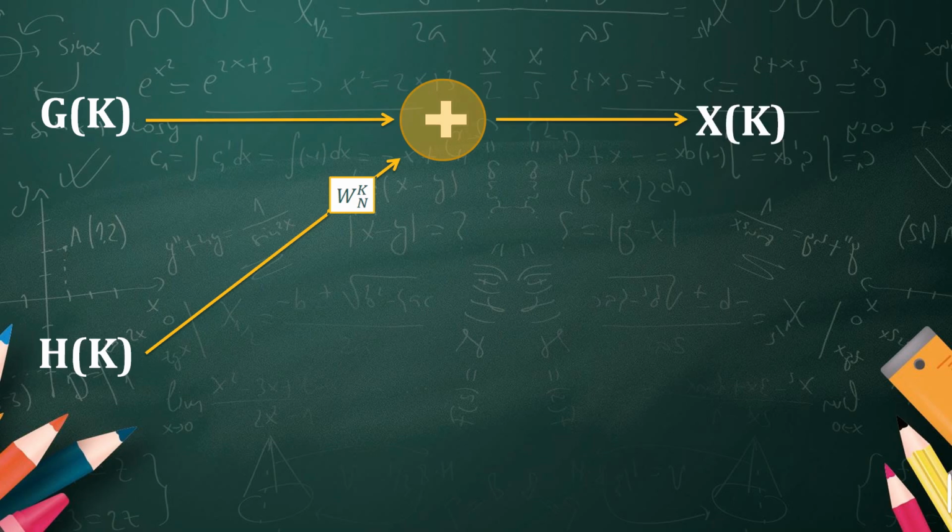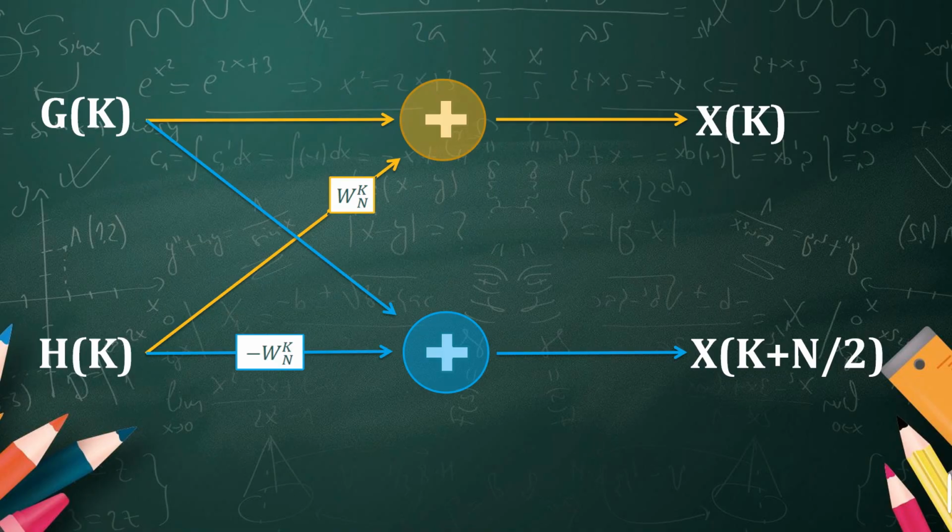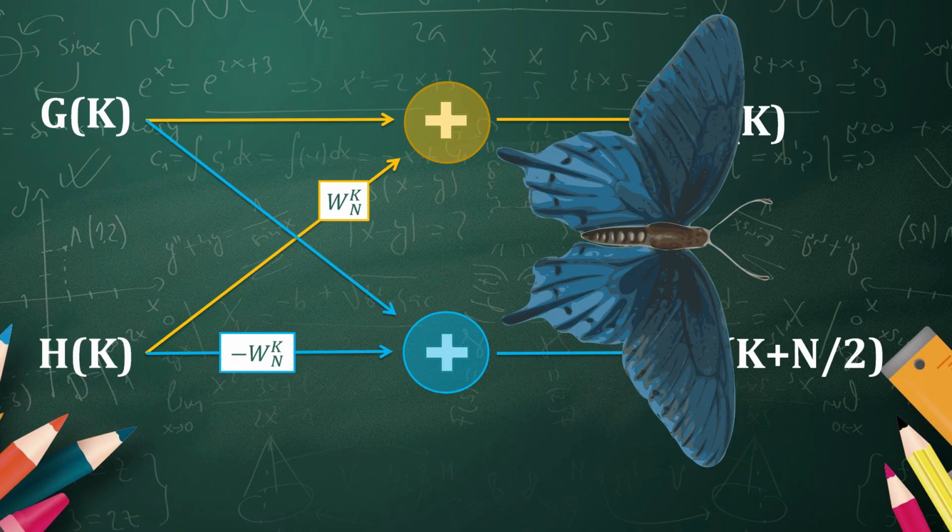For the bottom part, H(k) is multiplied by negative W_N^k and added to G(k), and the result is X(k + N/2). From this you can see that the diagram looks like the shape of a butterfly. Therefore, this diagram is called a butterfly diagram.